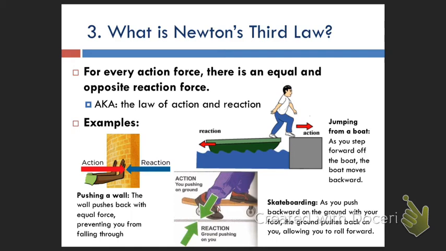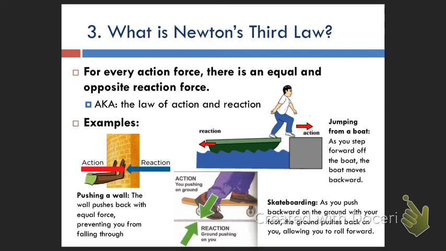If you've ever been on a canoe, some kind of boat, even a floaty in a pool, and you try to get out of it and back onto ground, here's a good example of action-reaction. As you apply an action force to step forward onto ground, the reaction force is applied to the boat, which then allows it to move backwards.